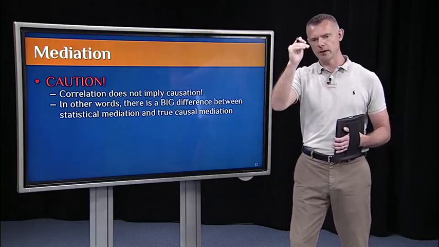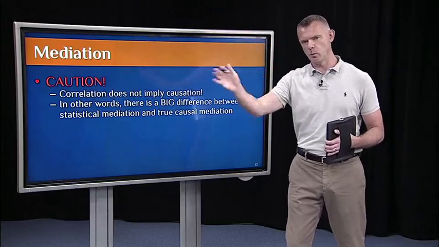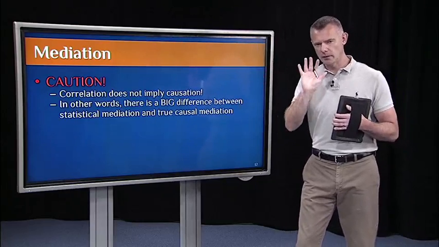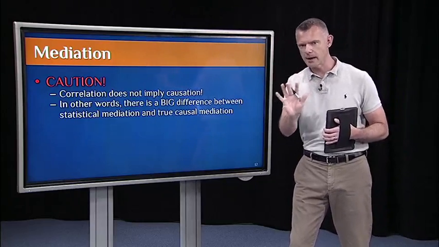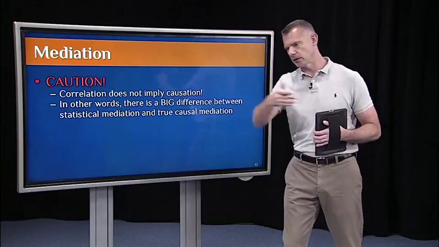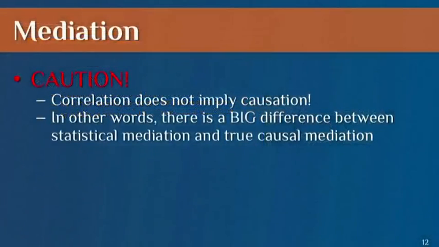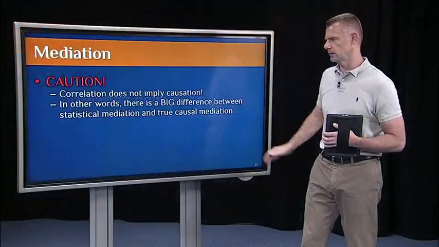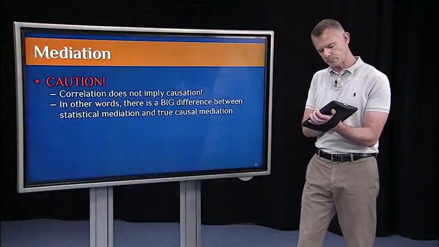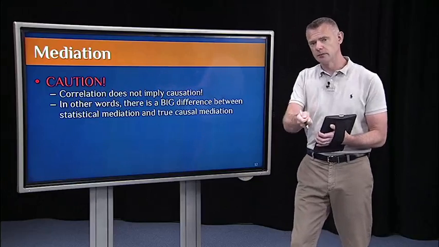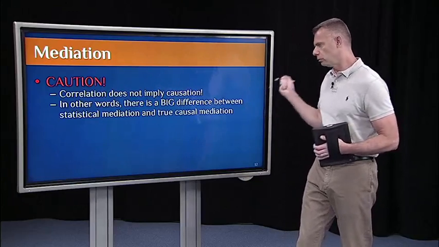So x is correlated with the mediator, and the mediator is correlated with y, so it might look like a causal chain. But if it's purely correlational and cross-sectional, that is not conducted over time, then you still can't make strong causal claims from mediation. So be careful, especially as consumers of statistics. People often slip and make that mistake. I like to make the distinction between statistical mediation, which is what we'll see here, and true causal mediation.